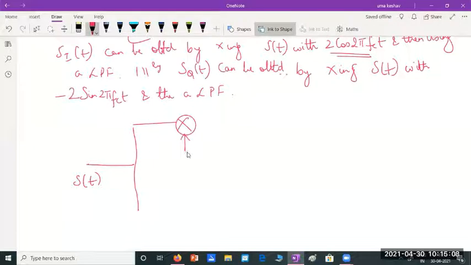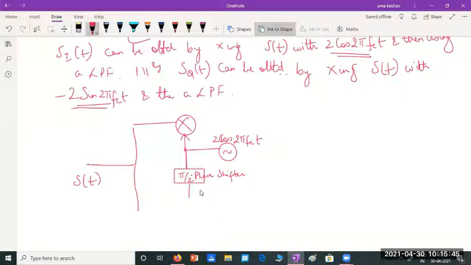So I will use an oscillator here. Let's use a local oscillator, 2 cos 2 pi fct, and then from this I can use a Hilbert transformer or a simple pi by 2 phase shifter. So just use a pi by 2 phase shifter. What is the second multiplication signal needed?